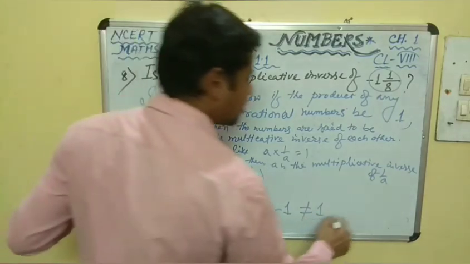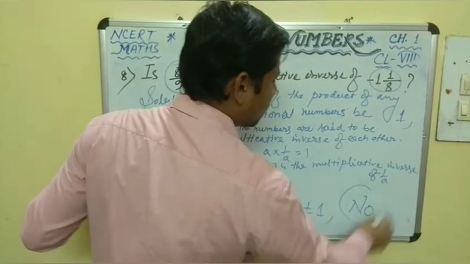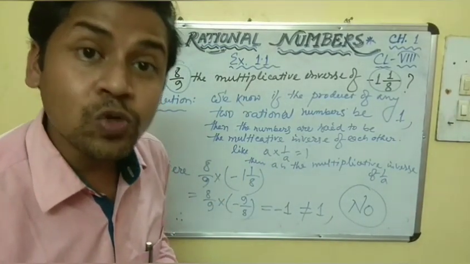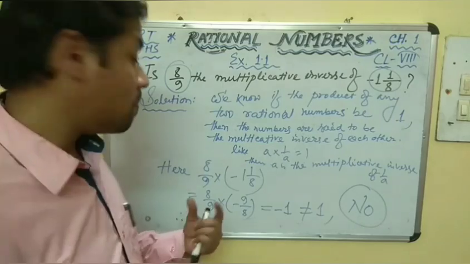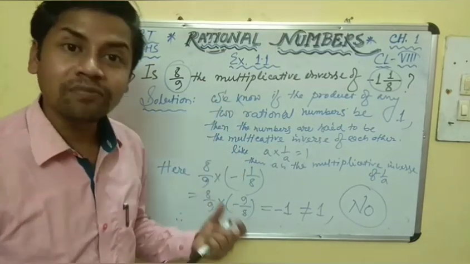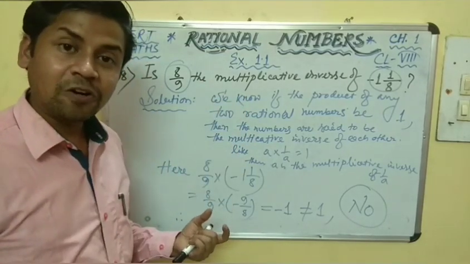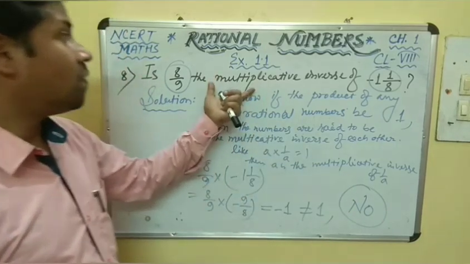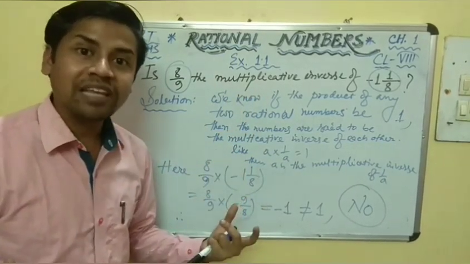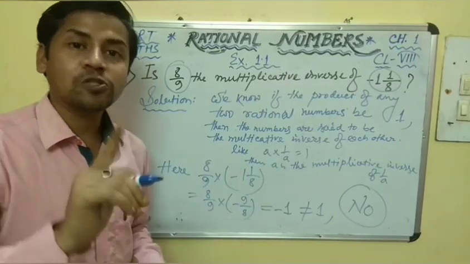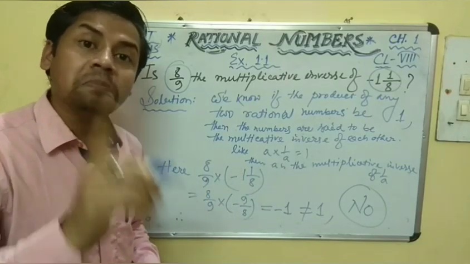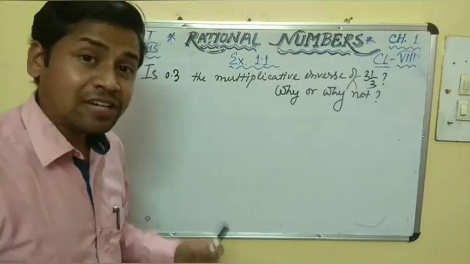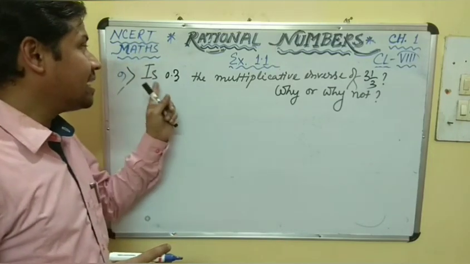That means the answer will be no. Why? Since the product of them is not plus 1. The result should be plus 1, but here it is minus 1. Is it clear? Next is question number 9.